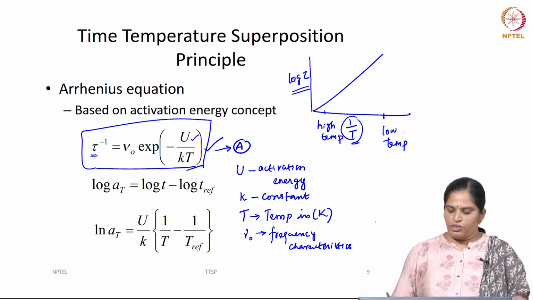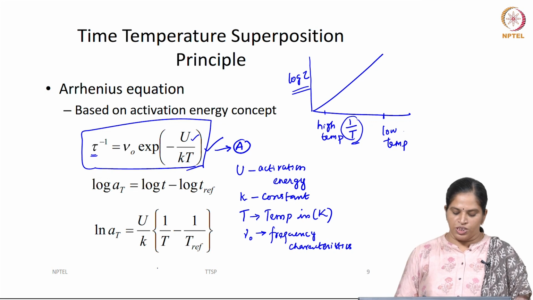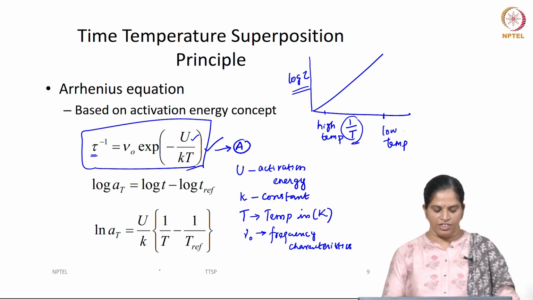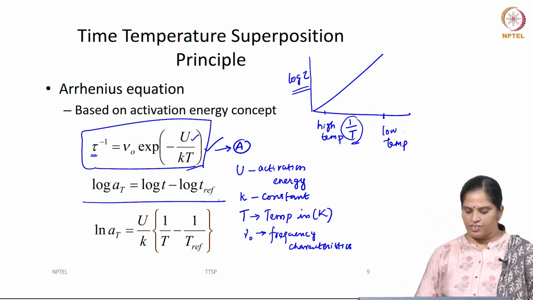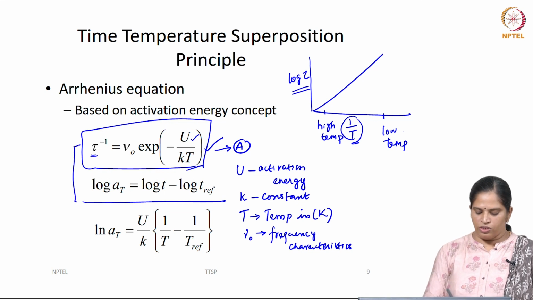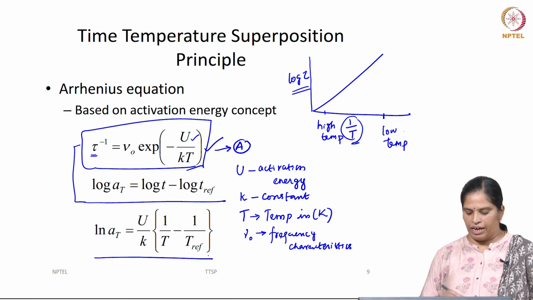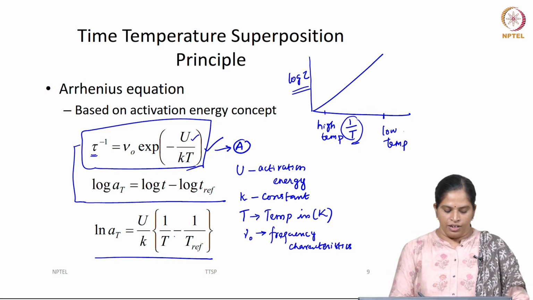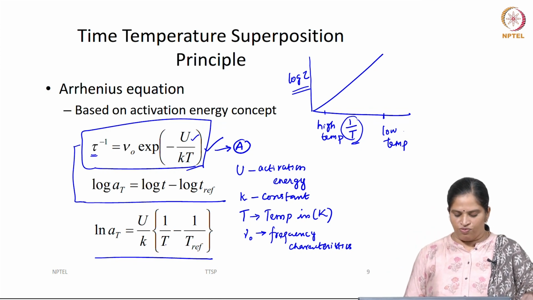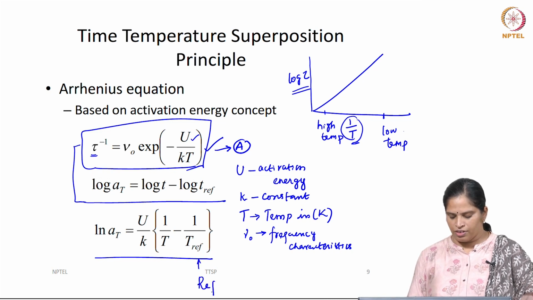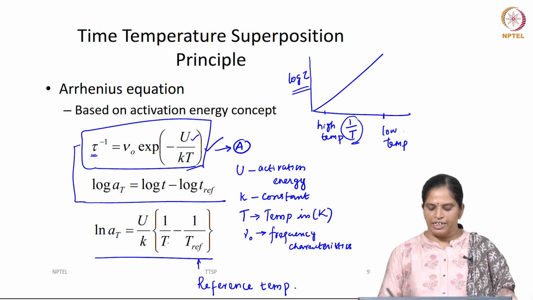Now we are going to use this Arrhenius equation to determine the shift factor. We know the shift factor is this. When you solve both the equations, you will get log AT, which is a function of T and T ref. T ref is called the reference temperature, and T can be any temperature.